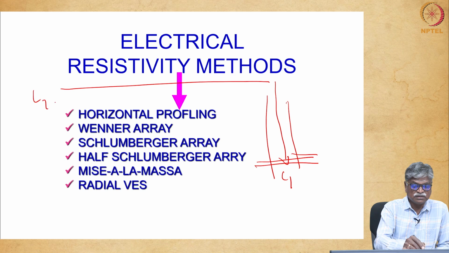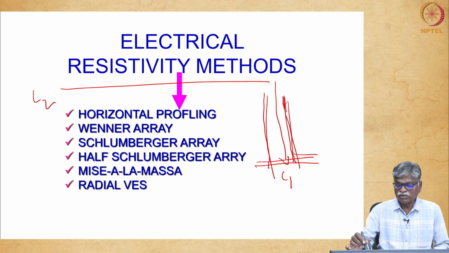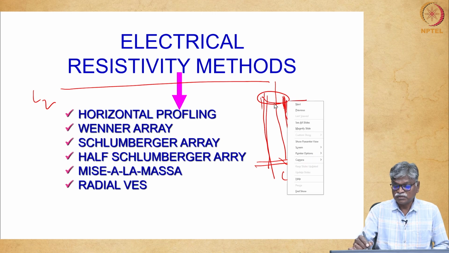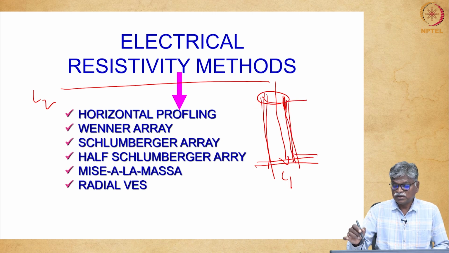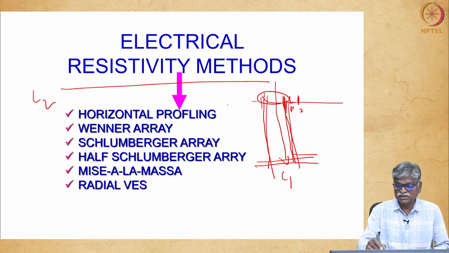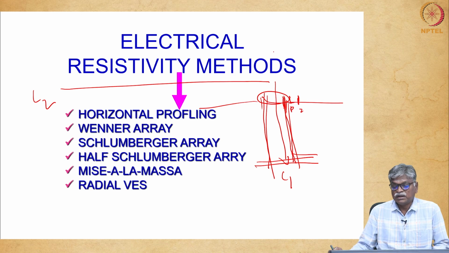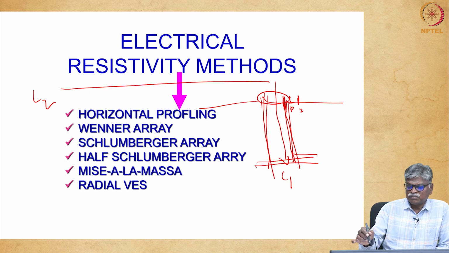Then at the borewell, P1 and P2 on both sides of the borewell, we shift in this direction, this direction, and this direction, and take the readings. After taking the readings, you plot them on centimeter graph sheet.